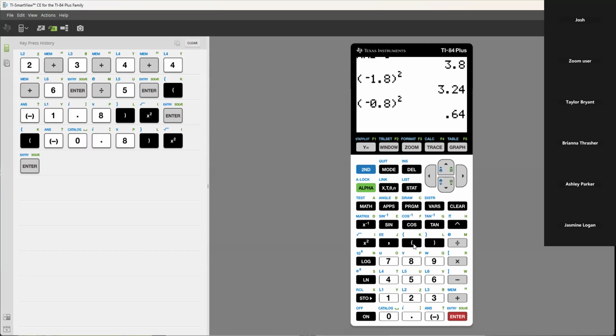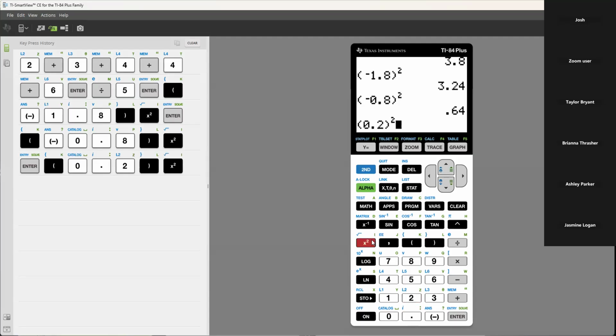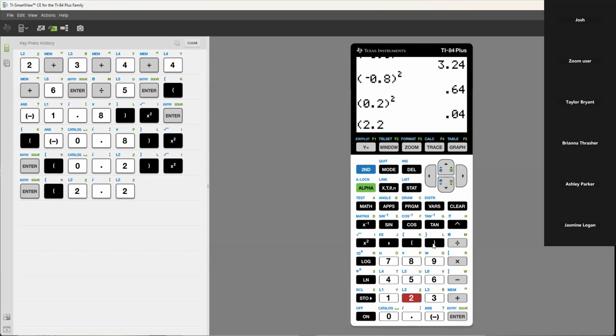Next we had 0.2. So parentheses, 0.2, close parentheses, square that, and hit enter. We get 0.04. And we got 0.2 again, so that's going to give us 0.04. And then finally, we had 2.2. So I'm going to put that in parentheses, close parentheses, square that, and hit enter. And I get 4.84.